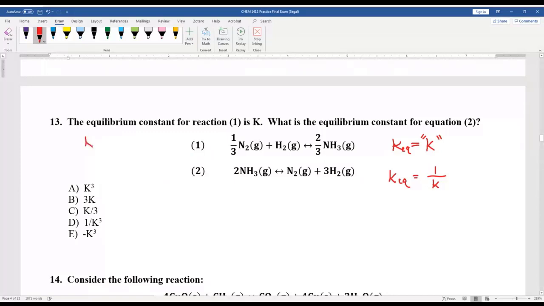If I was to write the equilibrium constant for this in terms of the actual substances, I would say, well, it's the concentration of NH3 raised to the 2/3 power over the concentration of N2 to the 1/3 power times the concentration of H2 to the first power.